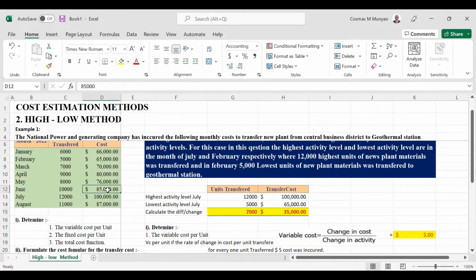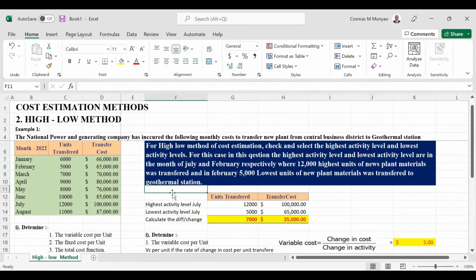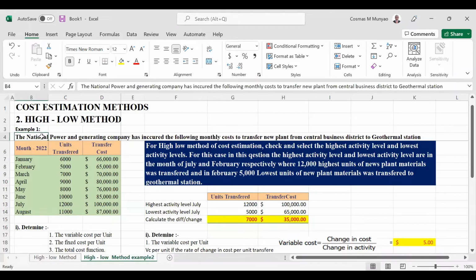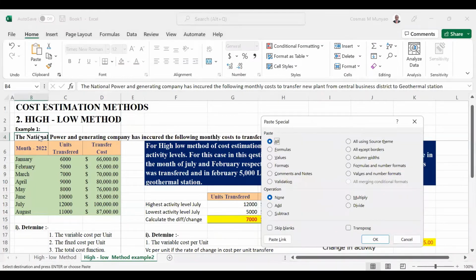Cost estimation. From this one, we can also go to another question as example 2, where you are told about a hospital.